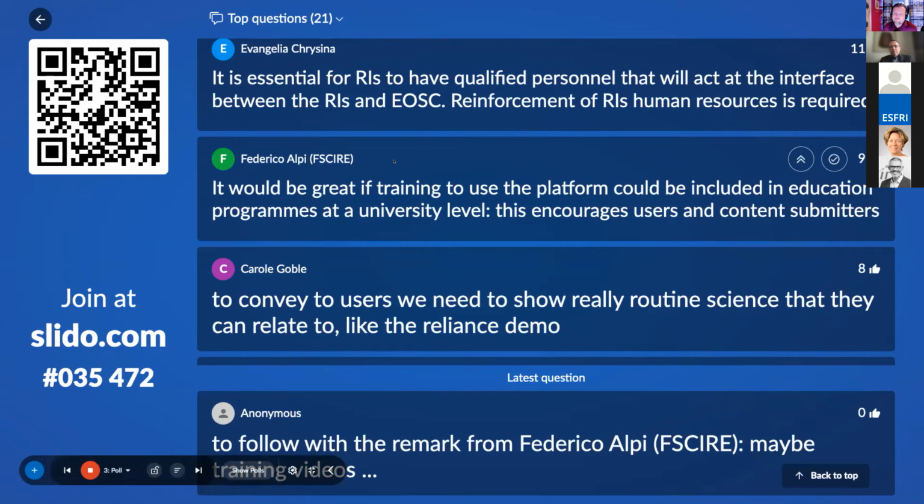There's a workshop coming up, I think later this week, maybe tomorrow, specifically around intermediaries, so libraries and other groups that want to support the rollout of EOSC, and looking at what training content they need to develop. So there will be work delivered that helps people engage in EOSC and hopefully makes it easier to use the platform, because I think it can be difficult initially as a user.